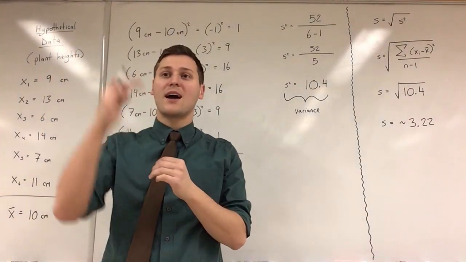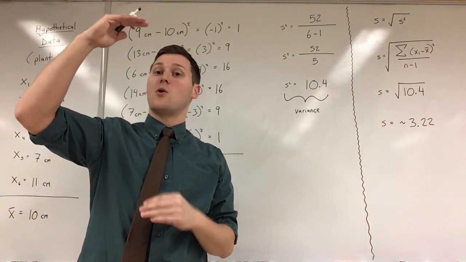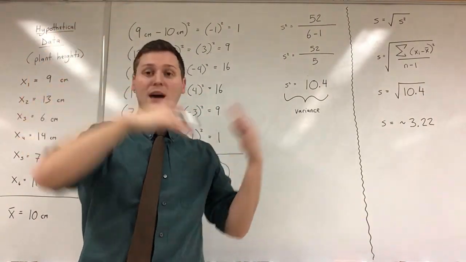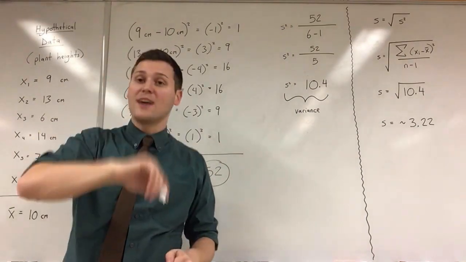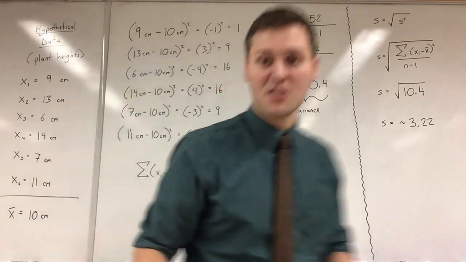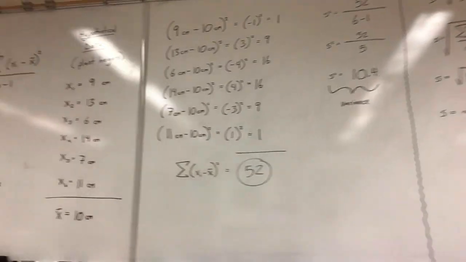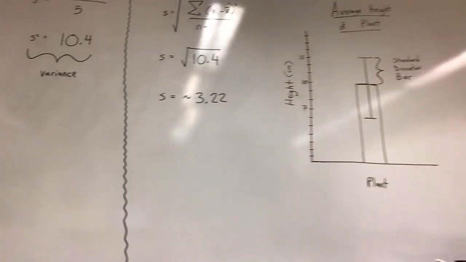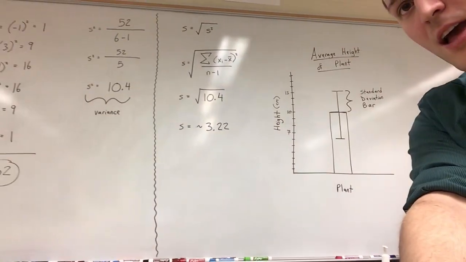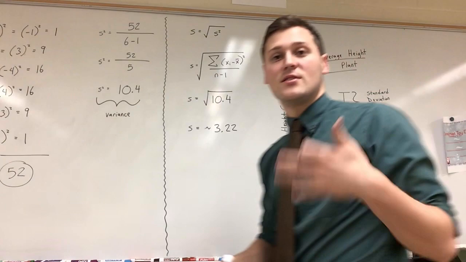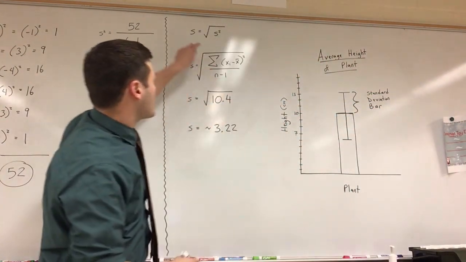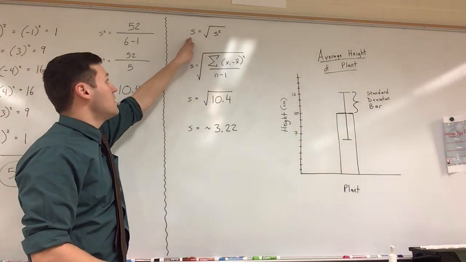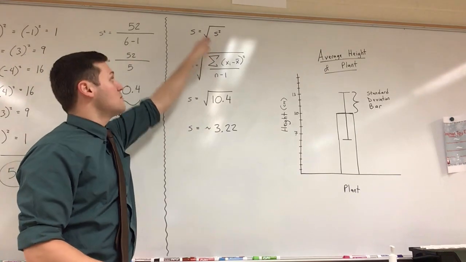So we kind of inflated the numbers. So what we might do instead, now that we have this value, is we can find the square root of it. Because we had that squared value, we can take the square root, and that's where standard deviation comes in. Our standard deviation is the square root of our variance.